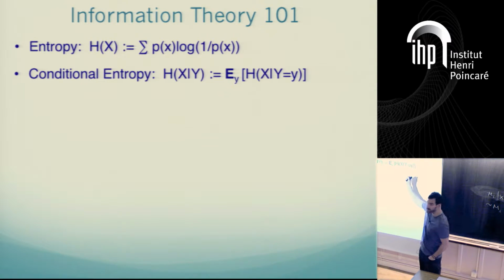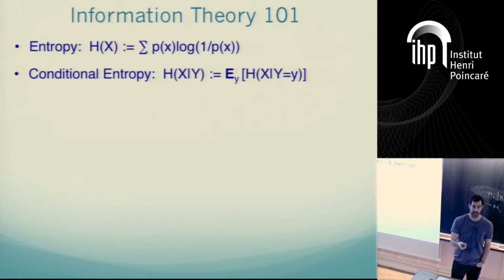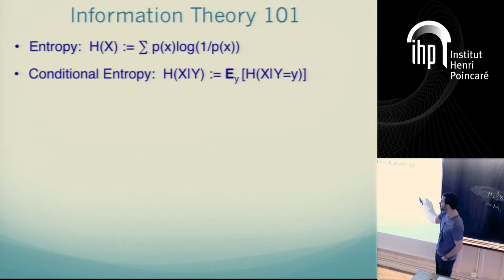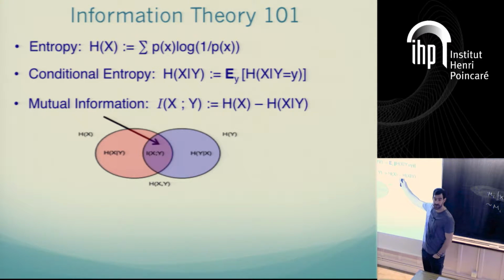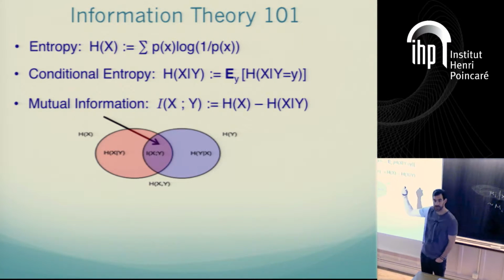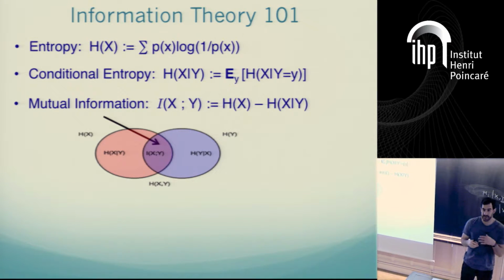So the conditional entropy is just the expected remaining entropy in X when we condition on an average realization of Y. And perhaps the most central measure we'll use is the mutual information between two random variables, which is just the mutual information between X and Y, which can be interpreted as follows.